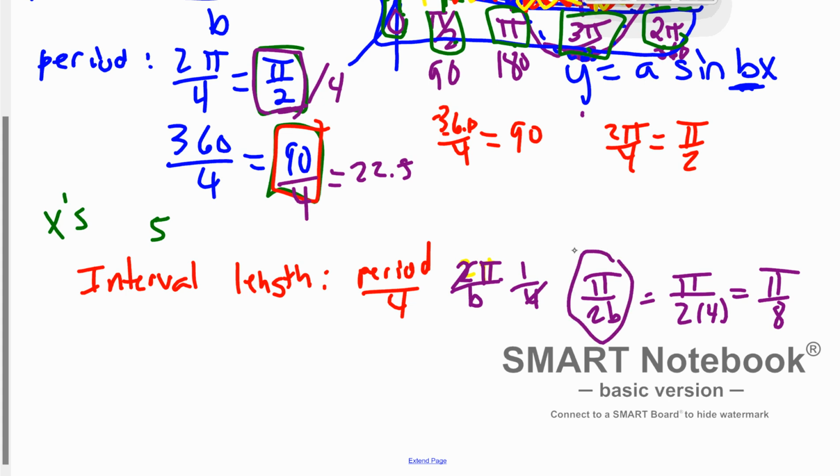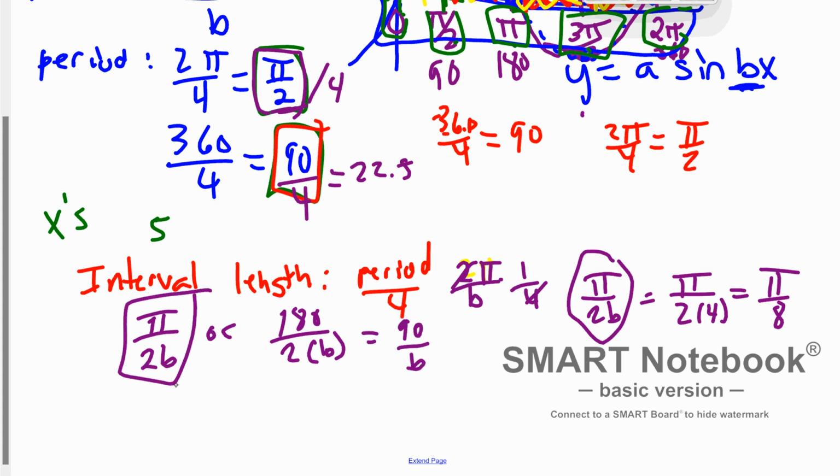In degrees, your interval length would be 180 over 2 times b, which is just 90 over b. So it's either pi over 2b or 90 over b.